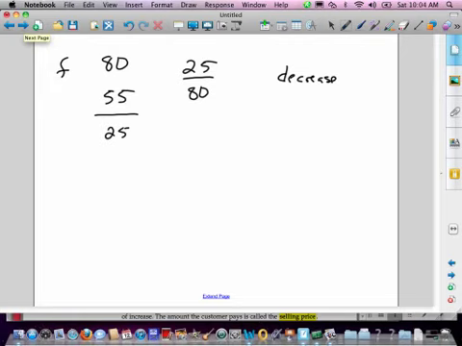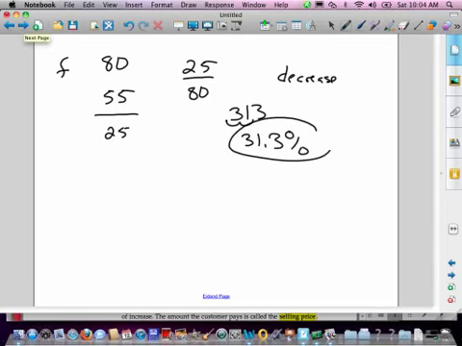The other ones you could have done in your head pretty easily. But this one, maybe you want to calculate it out, and you'd actually end up with 0.313 plus some more digits. We would probably leave it there at 31.3%. So if you took 25 divided by 80, you're going to get this decimal number. Remember, that is not the answer. You want it as a percent, so you must always take it times 100 to get your percent.